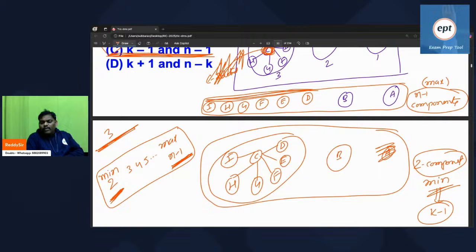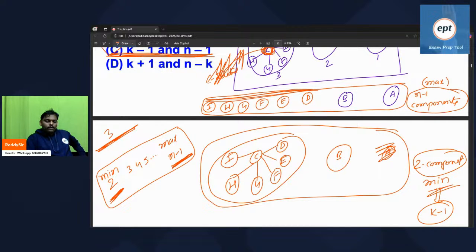The given one is 3. Of course 3 is also possible, but 3 need not be the minimum. Minimum is 2, maximum is n minus 1.